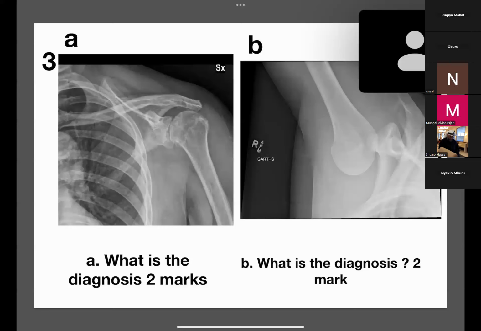If, on the other hand, the rotator cuff is not working, you may need to do a reverse shoulder replacement, where in the socket you put a glenosphere, and in the humerus you put a socket, a humeral component. So that is what it is.